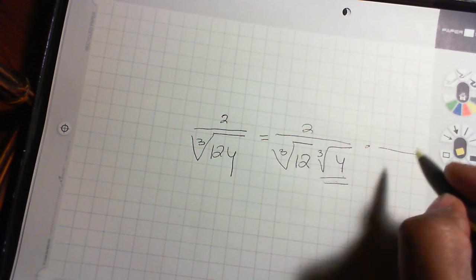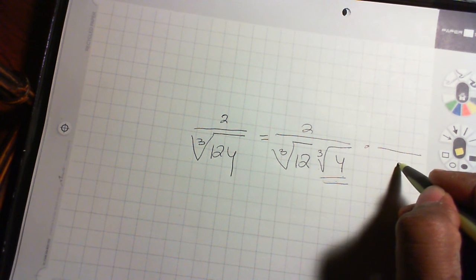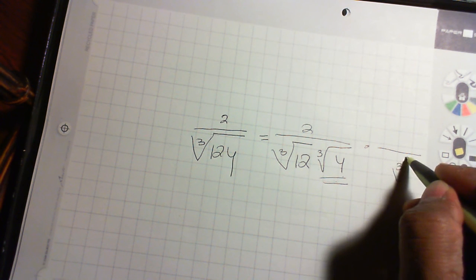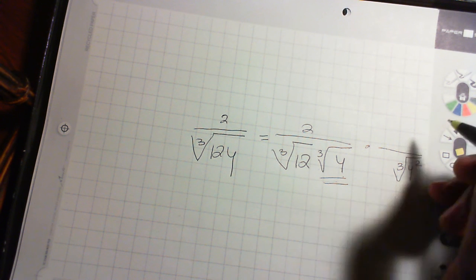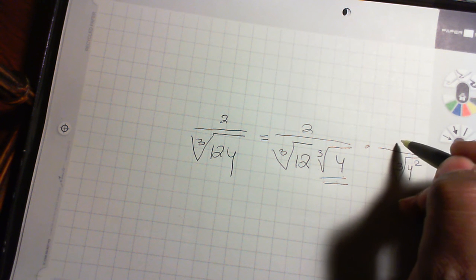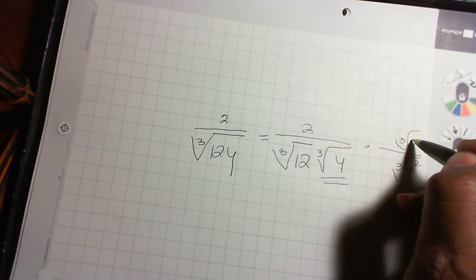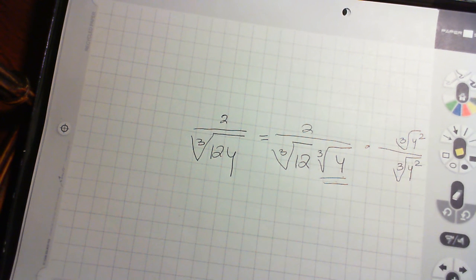So to get rid of this radical, you multiply by the cube root of y squared, and of course you have to do the same thing to the top, the cube root of y squared. Now how about the 12? How do I take the cube root of 12?